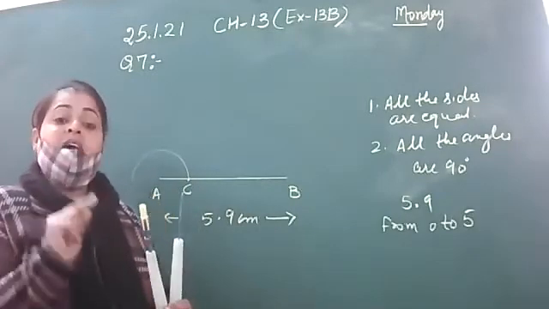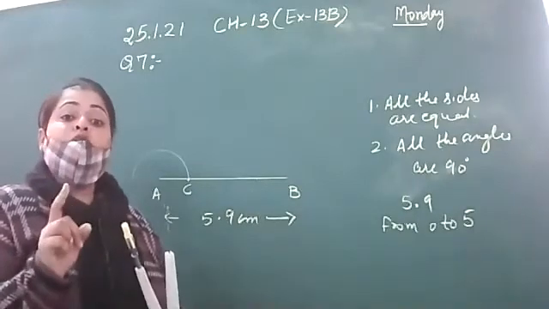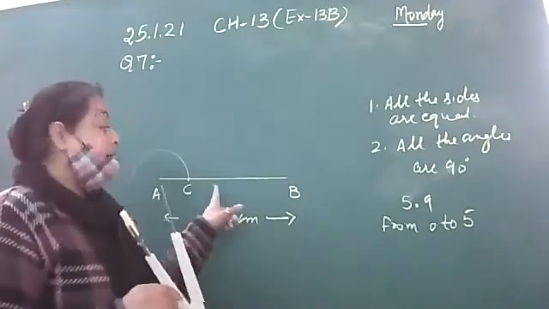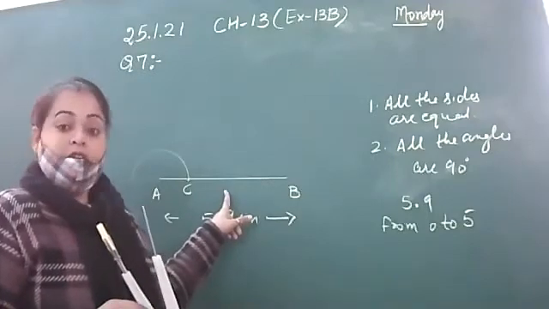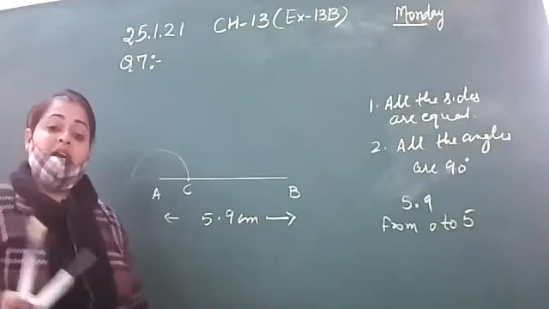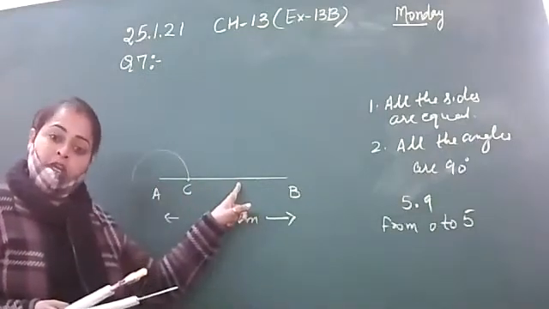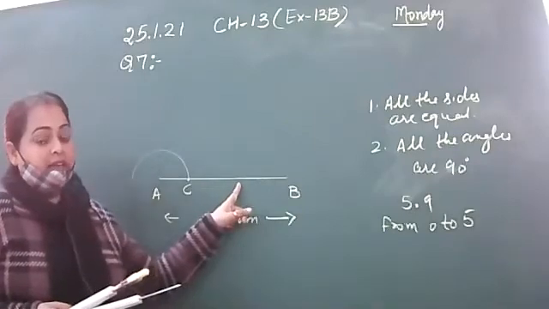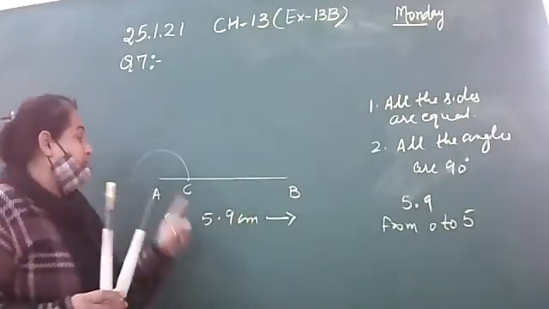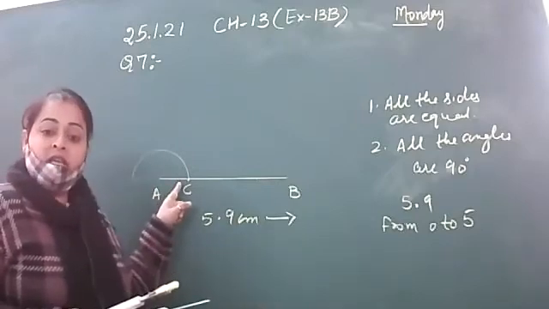If the size of the compass changes, then you will not get an accurate square. First of all, the ray, which is already given in the question. After that, with any size, we construct a semicircle and we get one new point C.